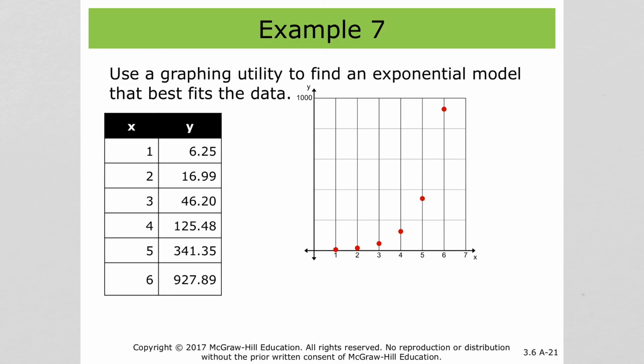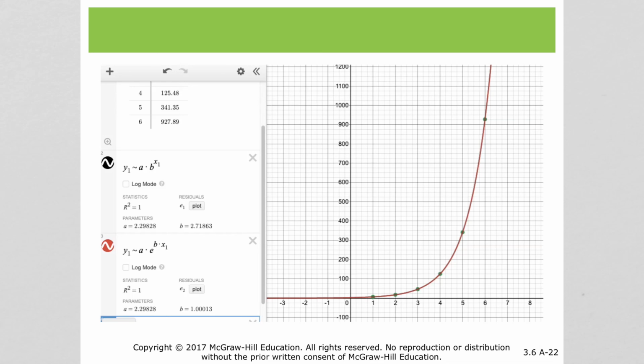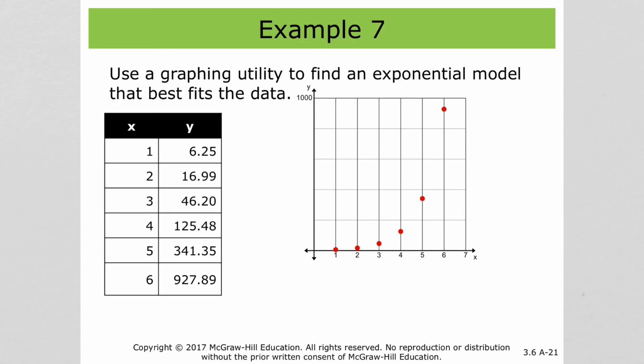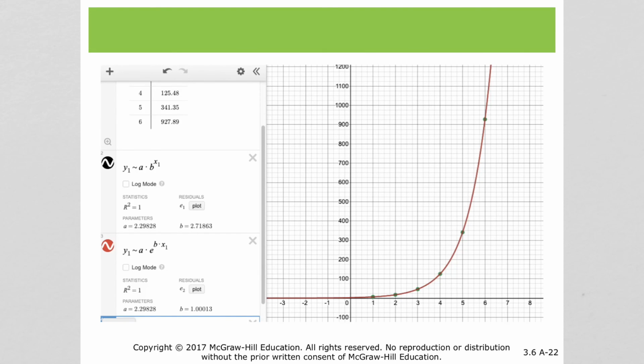We've got this data in our table, and it's been graphed for us, so we can see it looks exponential. How do we use Desmos to find the regression? Well, there are 2 options for an exponential model. Notice this one says find an exponential model. Important.